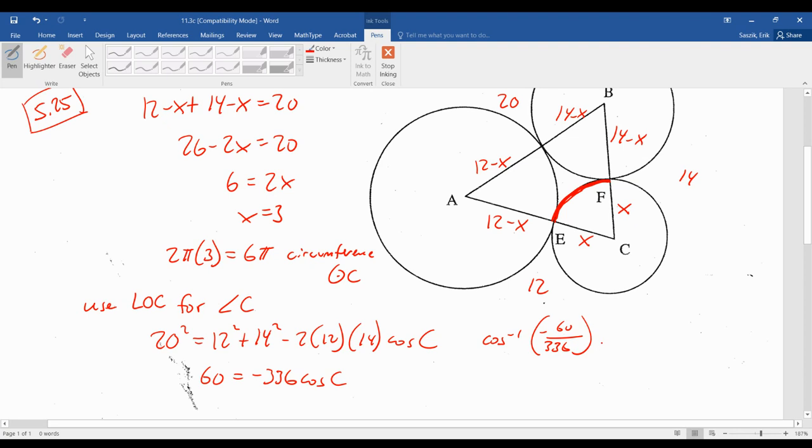And I come up with angle C to be 100.29 degrees.